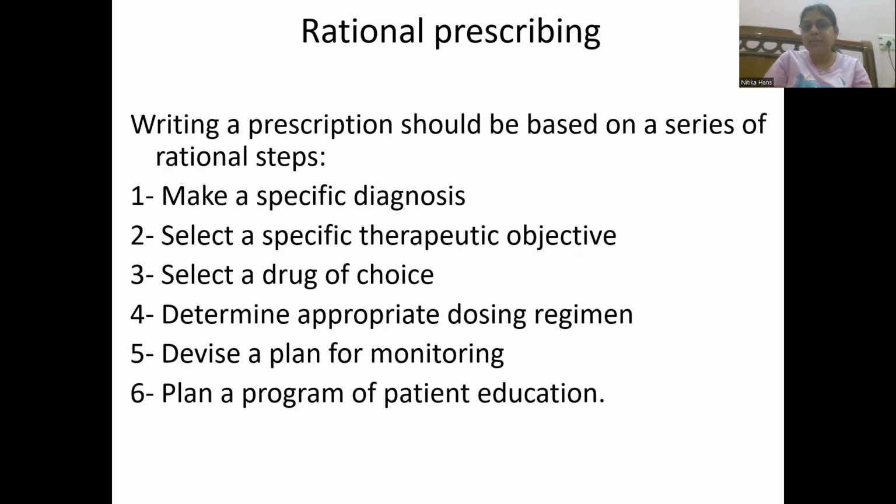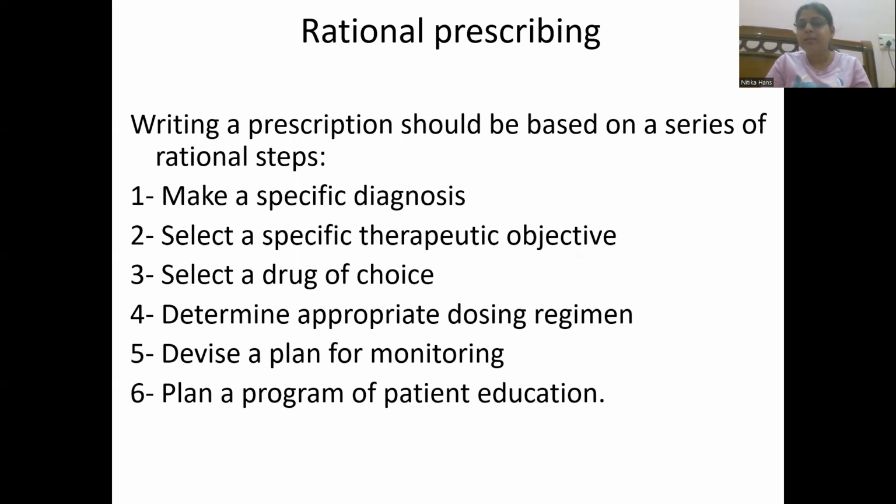So, rational prescribing. Writing a prescription should be based on a series of rational steps. First of all, the patient comes to the doctor and tells about the symptoms he is suffering from. From the symptoms and various tests, various clinical laboratory investigations, the doctor makes the diagnosis.